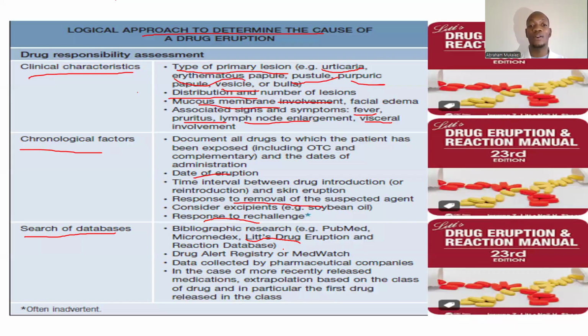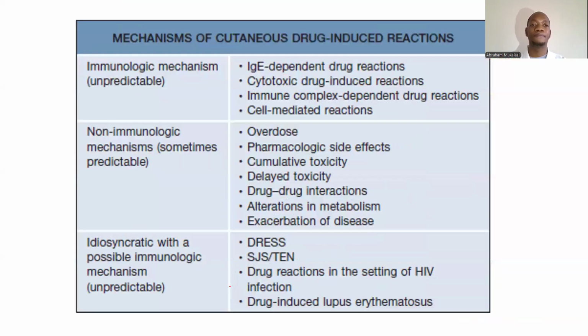So in this case, you can now correlate and know which drug is the culprit. So these databases are very many, but I love to use the Litt's drug eruption and reaction database. It is more comprehensive, and it is annually updated. So it usually has newer medicines, newer reactions, newer data.